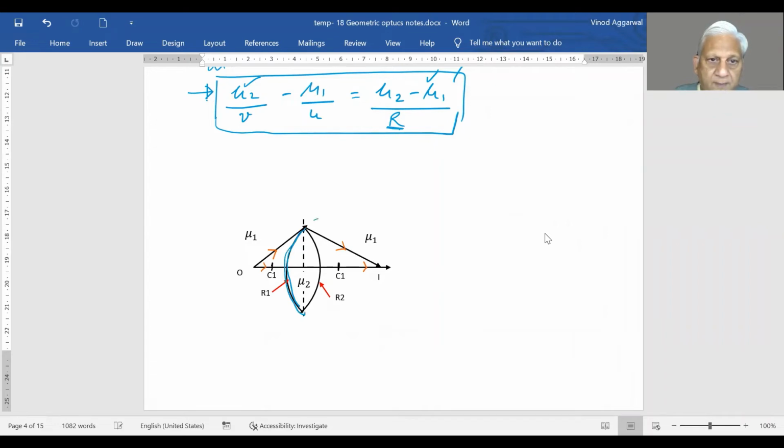That means this is part of one sphere and this surface is part of another sphere. Both can have different radius. Not necessarily they have to be same. So let us take this is a case of double convex lens, for example.